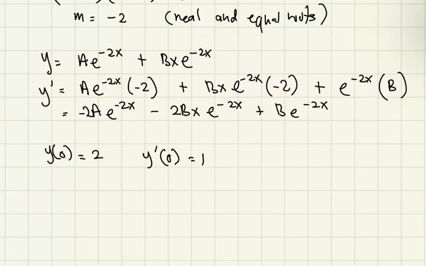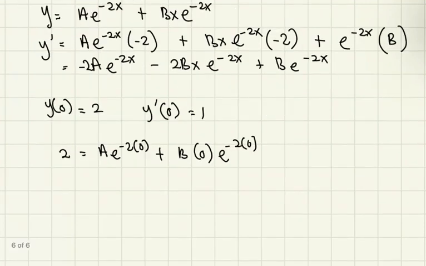So we have 2 equal to a exponent minus 2 times 0 plus b times 0 exponent minus 2 times 0. So we have 2 equal to a plus 0. So a is 2. So we have the first one, a equal to 2.